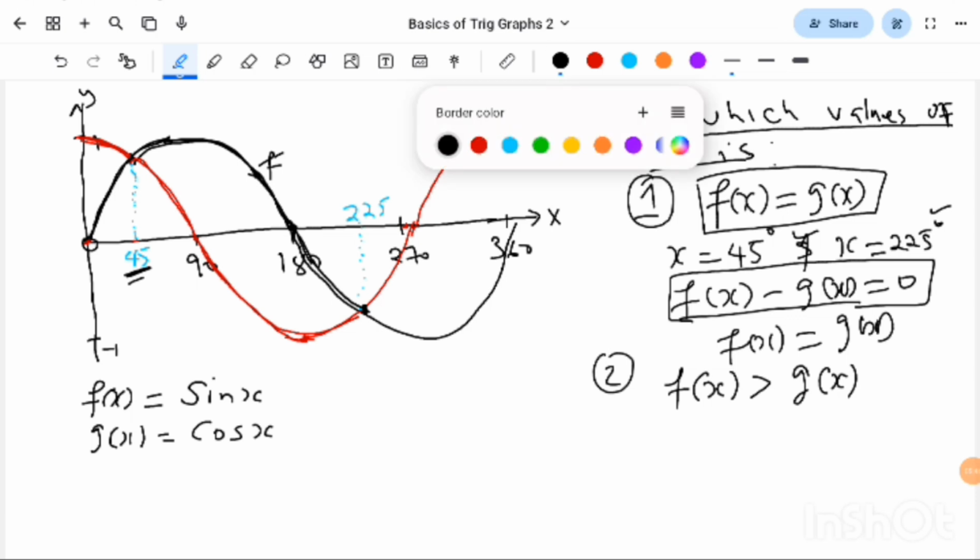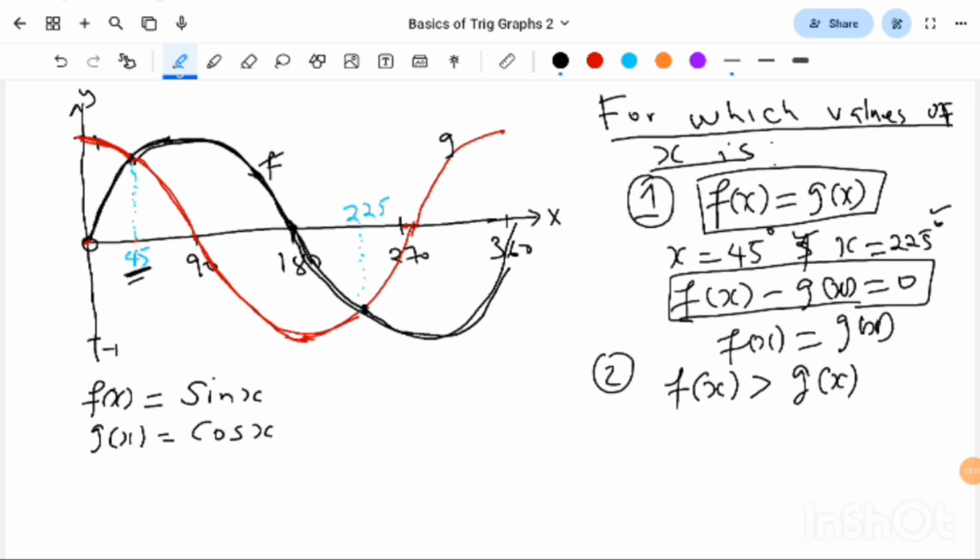Because what happens from 225 going forward? From 225, my f of x is now below g of x. You see, it is now below g of x only from this point here.